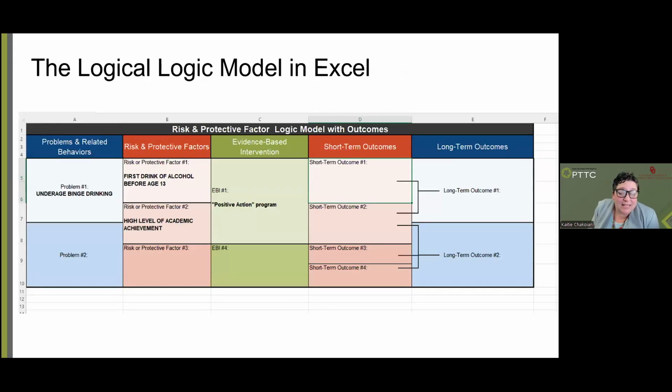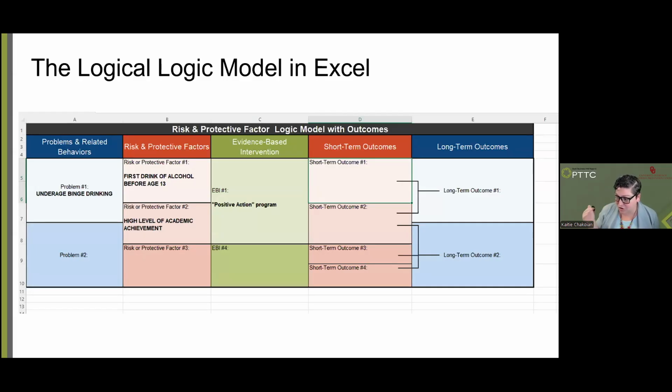So in the Excel tool itself, now you can look at that whole full picture, right? And we can start to populate up from the tabs that we already created. So we have our problem and related behavior that you already identified, and we can plug it in right here. So underage binge drinking is the problem. We go to our orange column, those risk and protective factors.